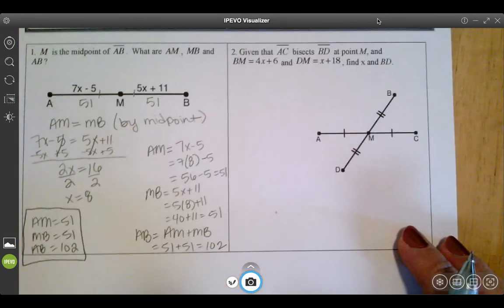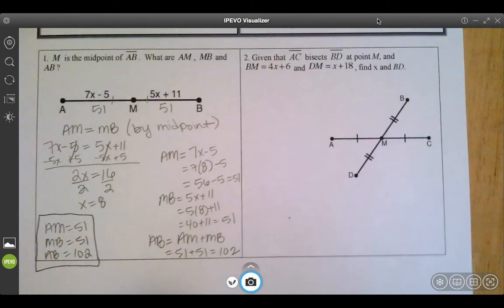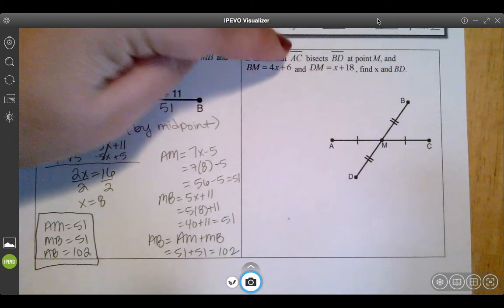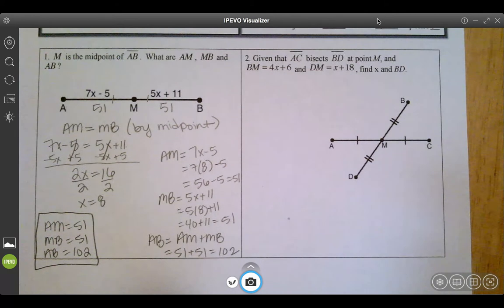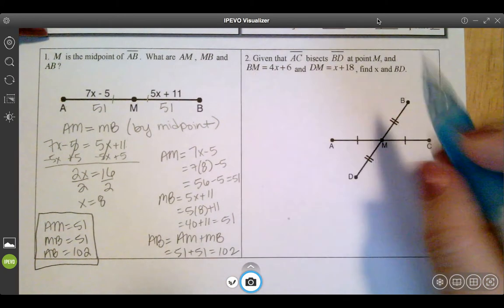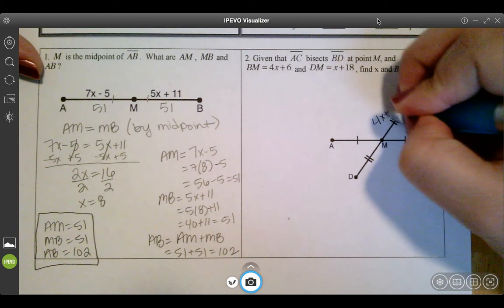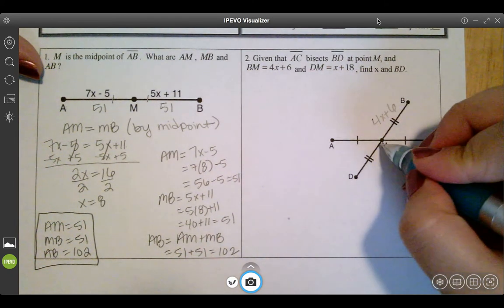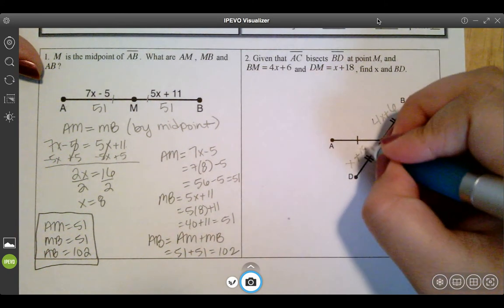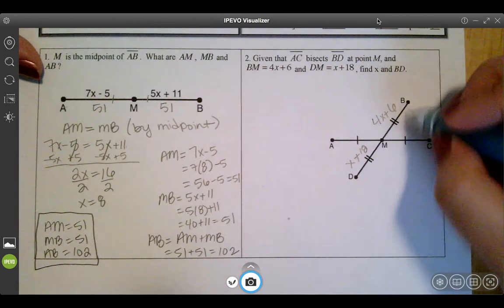All right, and here's our last example for this notes packet. Given that segment AC bisects segment BD, so AC cuts BD in half at midpoint M, and BM is 4x plus 6, DM is x plus 18, find BD.